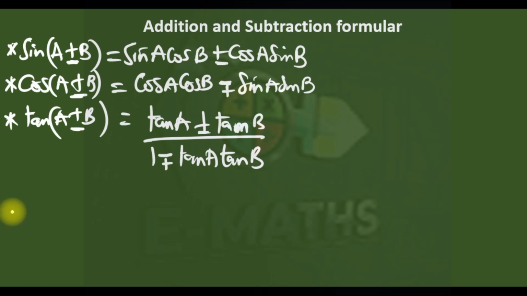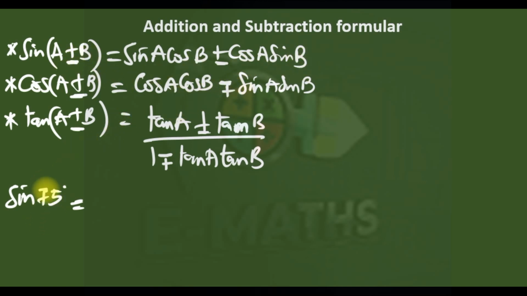For example, if you're asked to find sine 75 degrees, 75 degrees is not a special angle, but it is a combination of two special angles. If you split this, we should know that A and B are special angles. So that's why we use this formula.